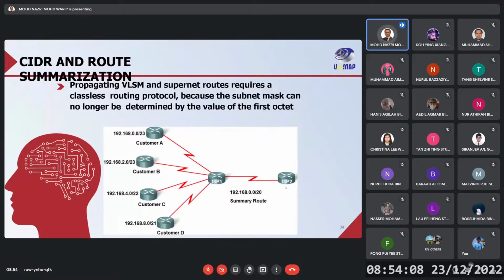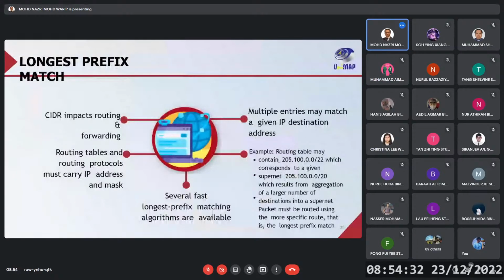ISP2 doesn't know, because they want to do a summarization to reduce the utilization of CPU inside the router. So they need to do route summarization. That's the purpose. Otherwise, if you carry all the networks, ISP2 becomes overloaded, the CPU process or CPU utilization becomes higher. That's one of the reasons for route summarization.